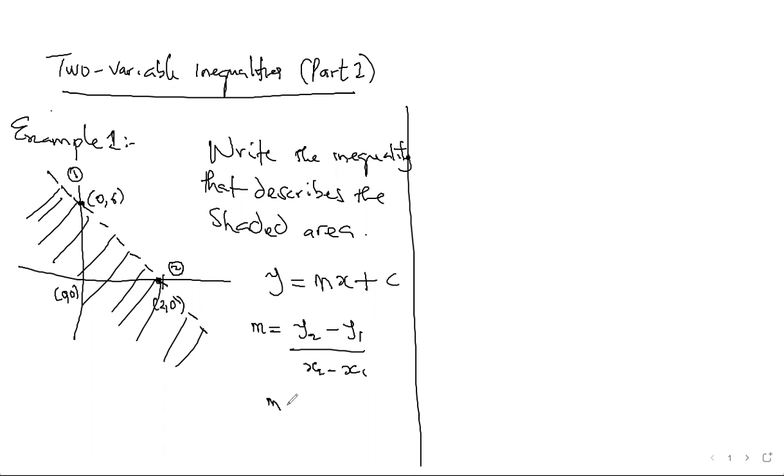So m will be, y2 here will be 0 minus y1 will be 6 divided by x2 will be 2 and x1 will be 0. So it means that m will be minus 6 over 2. So m will be minus 3. So you can see that the gradient is minus 3.